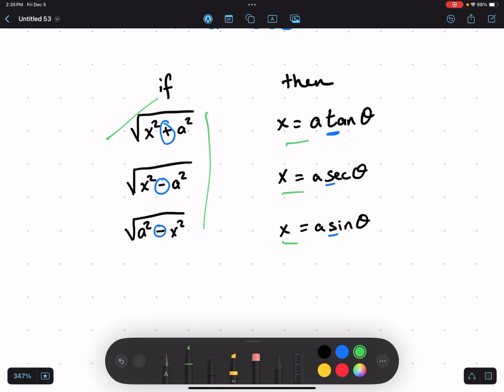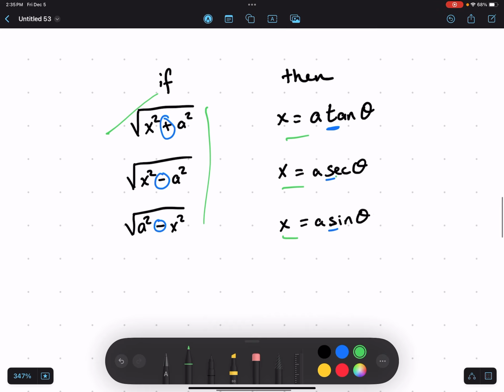Now, first thing that we have to remember is that typically you learn sine much before you learn secant. Secant comes as 1 over cosine, and typically you don't learn that until you already at least know what sine and cosine and tangent are. So you will have learned sine before you learned secant.